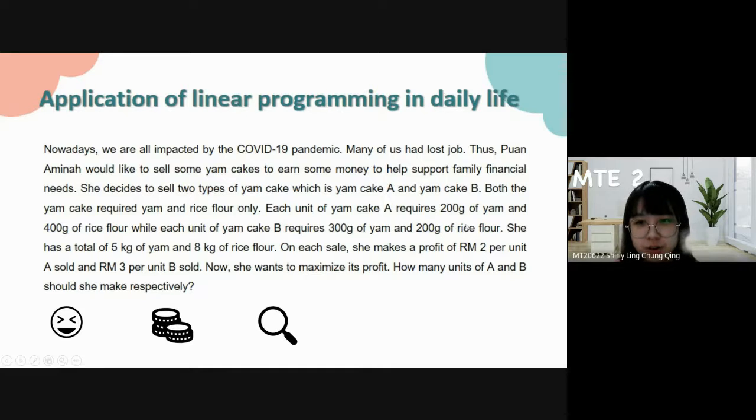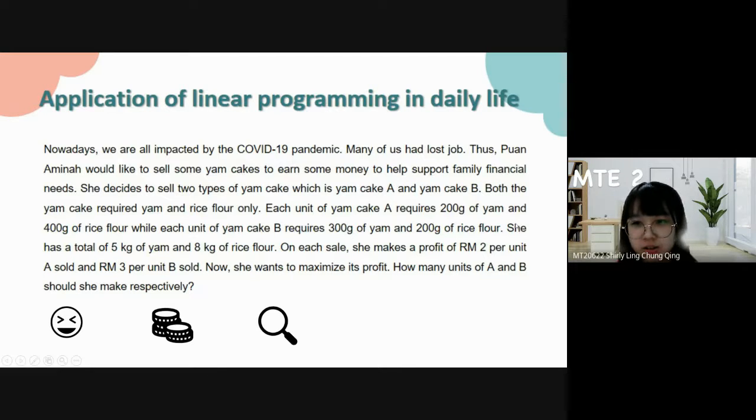The second constraint we can determine from this question is the rice flour. To make young cat A, Puan Aminah requires 400 grams of rice flour, and for 1 unit of young cat B, she requires 200 grams of rice flour, and she only has 8 kilograms of rice flour.